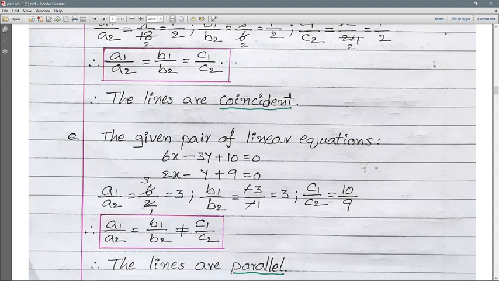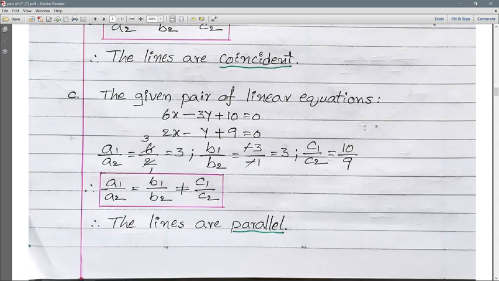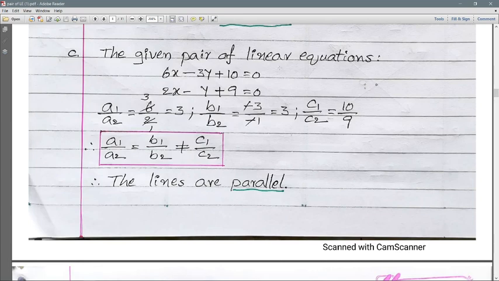Next, question number C. The given pair of linear equations is 6x plus 3y plus 10 is equal to 0 and 2x minus y plus 9 is equal to 0. Here a1 by a2 is equal to 6 by 2, that is equal to 3.